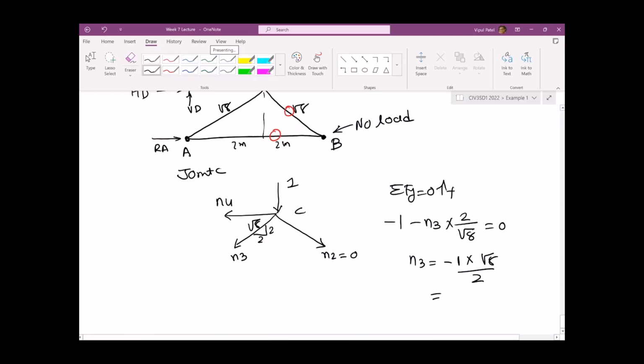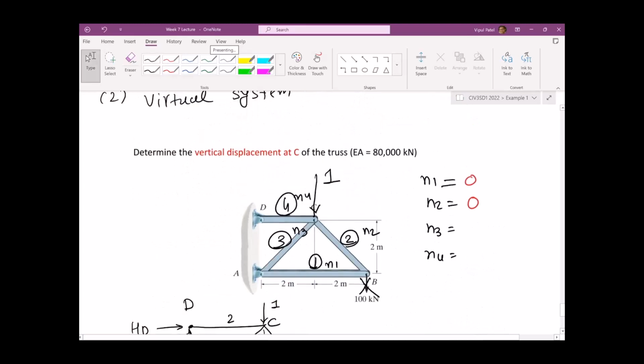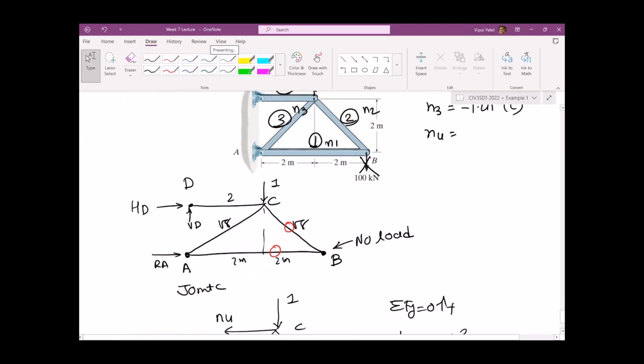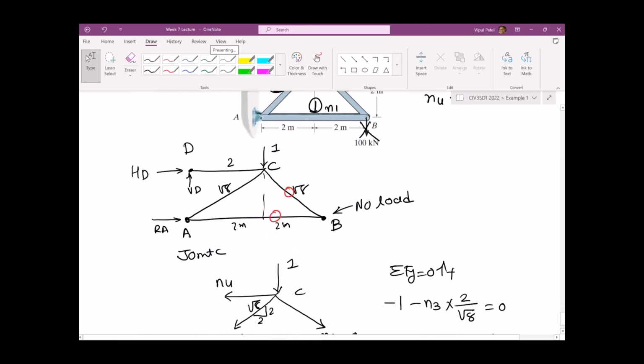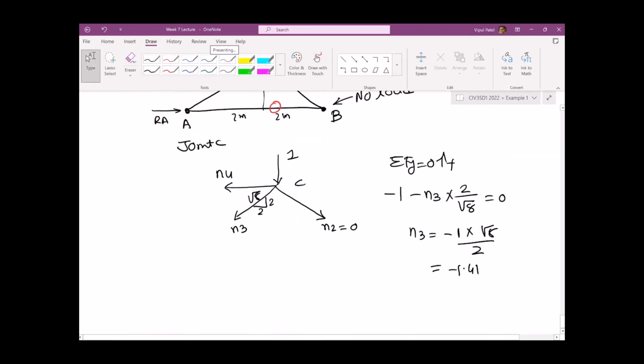So minus 1.41. So N3 is minus 1.41, compression. N4, let's say sum of the force in the x direction, left to right is positive: minus N4 minus N3 times 2 on square root 8 equal to 0.